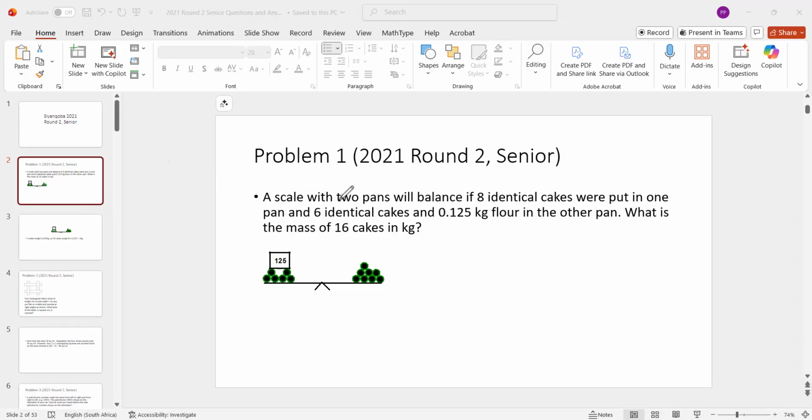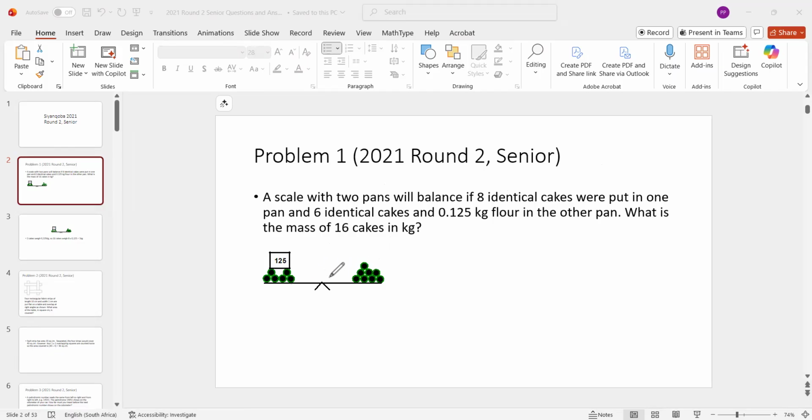which reads as follows: a scale with 2 pans will balance if 8 identical cakes were put in one pan and 6 cakes and 0.125 kgs of flour in the other pan. What is the mass of the 16 cakes in kgs?